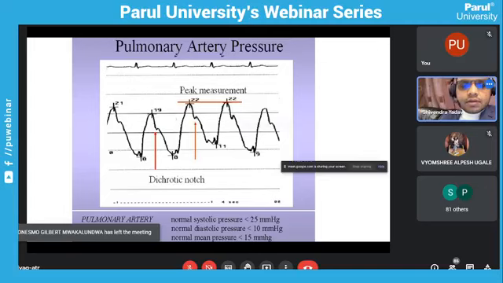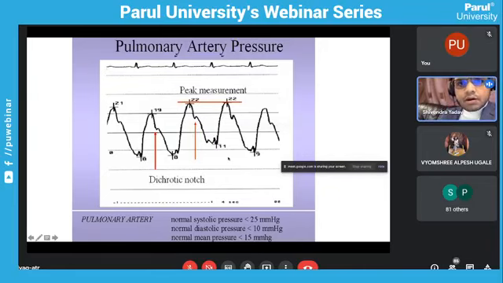But the difference is the aortic pressure scale is very high. It is 120 and 80. Normal is 100 to 140 systolic, and diastolic is 60 to 90. Whereas pulmonary artery pressure is systolic 15 to 20 and diastolic 6 to 12. So there is the difference.